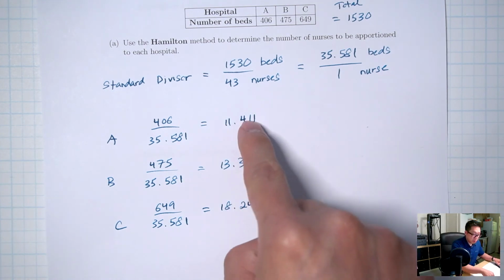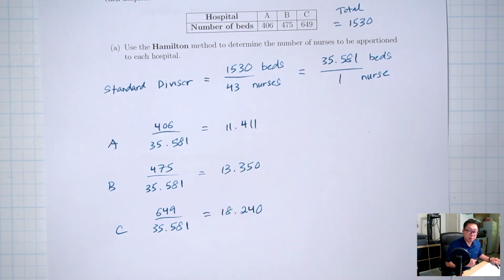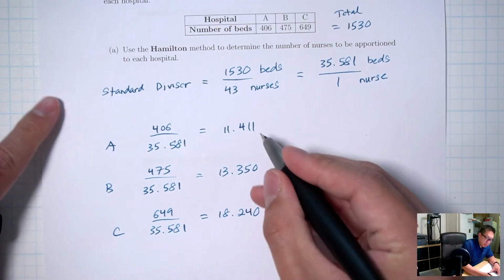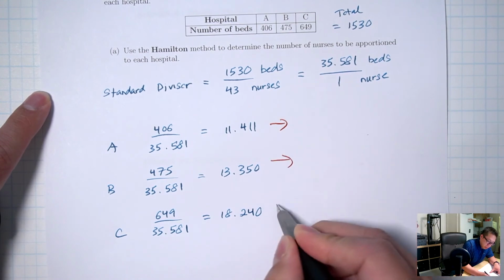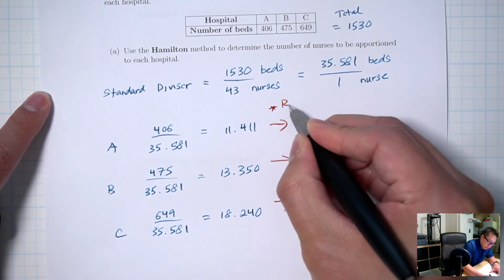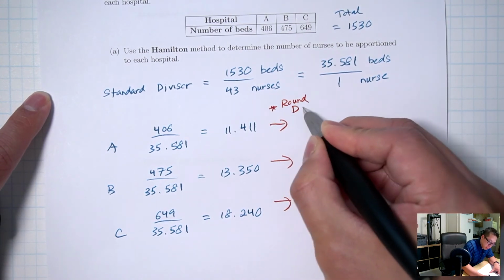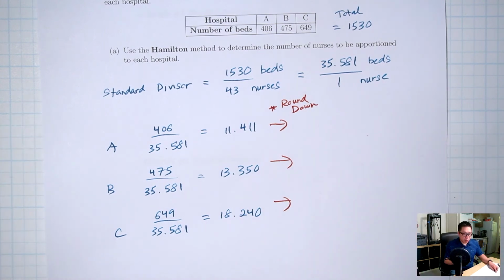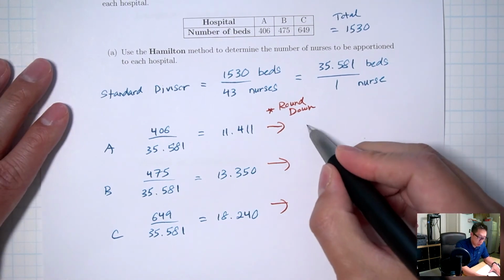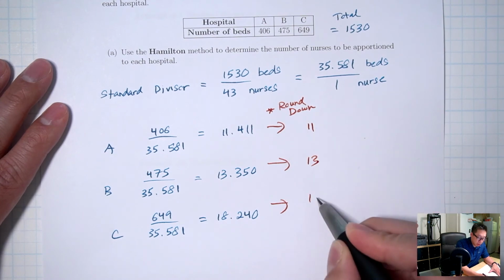Okay, so those are what we called the standard quota on the previous page. And then the Hamilton method, you round down, which is the same thing as just ignoring the decimal part. So we'll get 11, 13, 18.